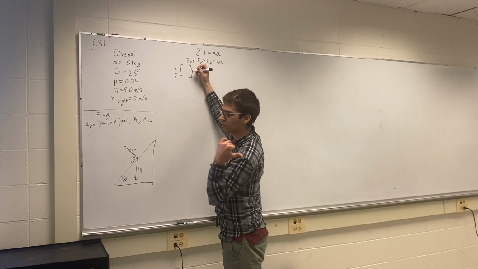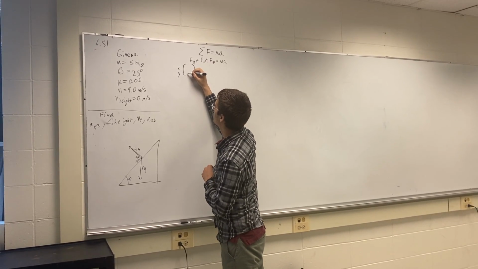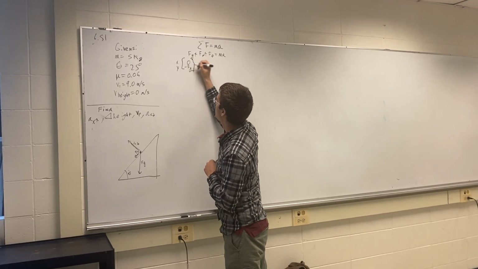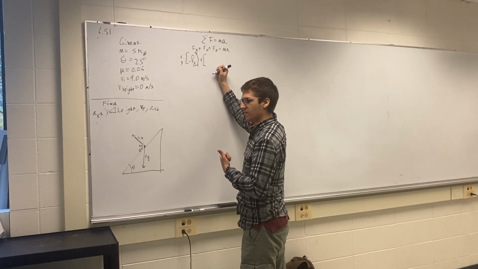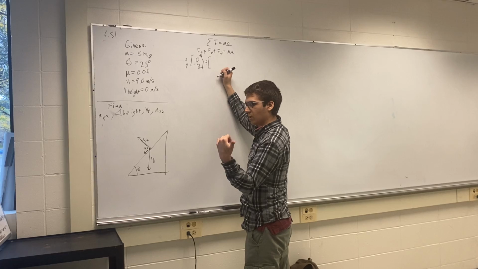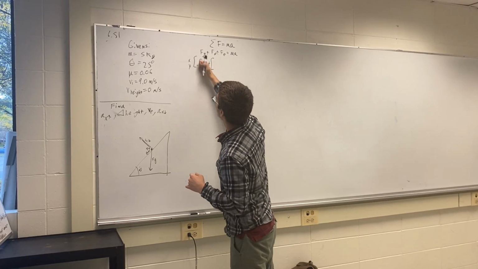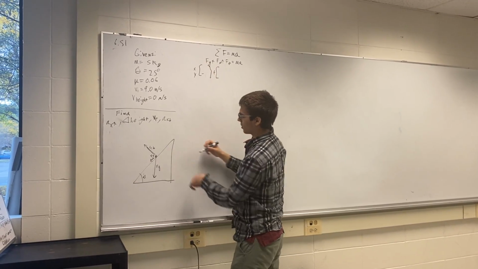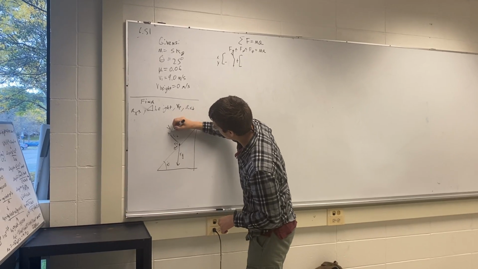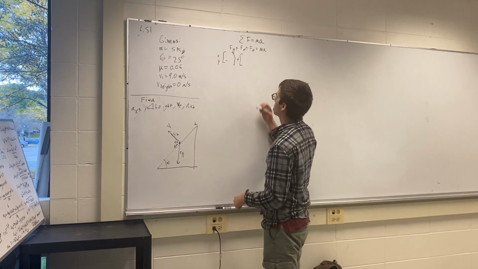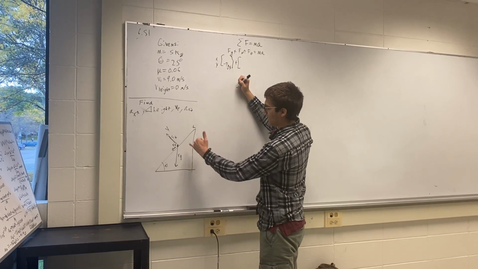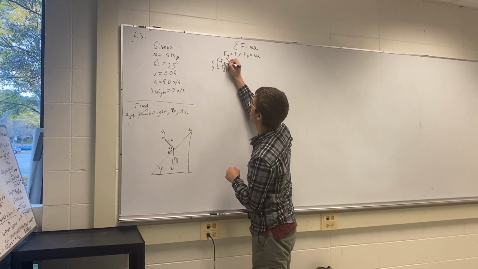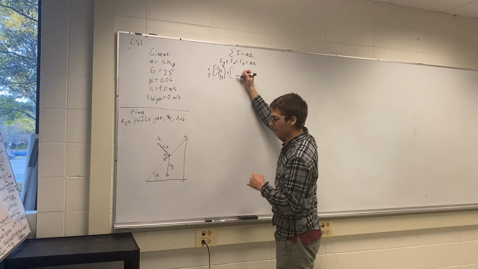Actually, because of our coordinate system, FG is going to have 2 components, one in the negative y direction and one in the negative x direction.